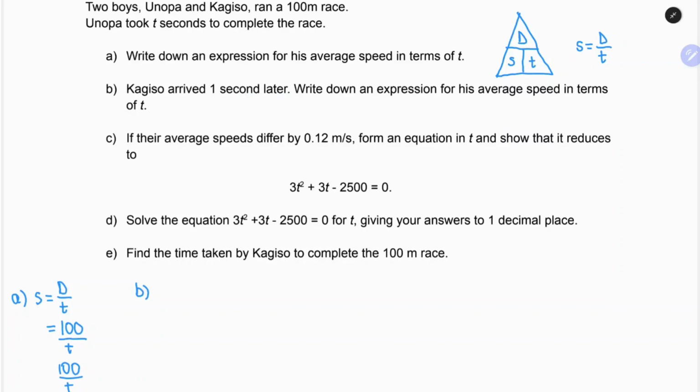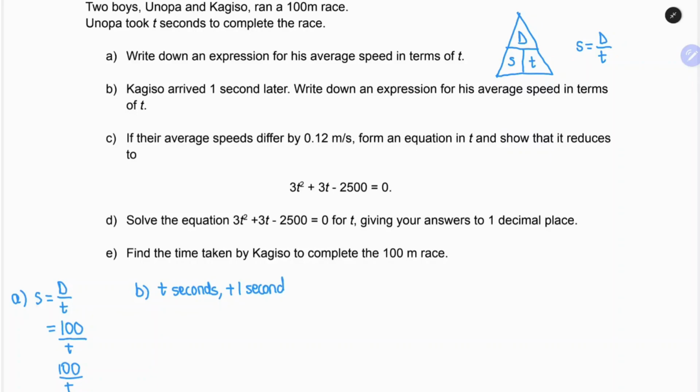So if Kagiso arrived 1 second later than Unopa, and we are saying that Unopa took t seconds, that means that we're going to add 1 second to the t seconds that Unopa took. And if you add 1 second, that would be a second later. So let's just say Unopa took 20 seconds.